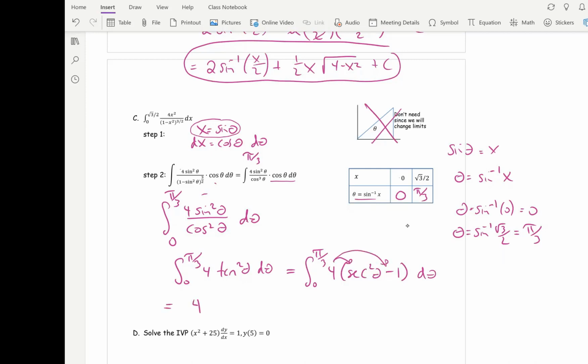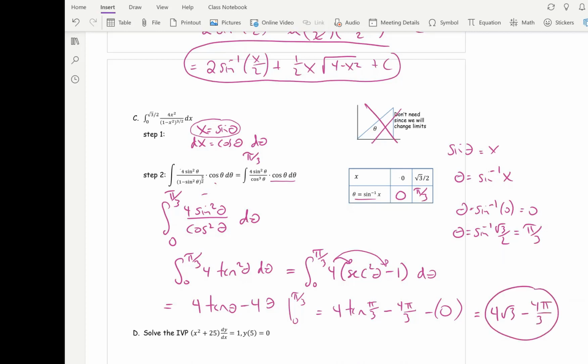That's going to be 4 tangent theta minus 4 theta between 0 and pi over 3. So we get 4 tangent of pi over 3 minus 4 pi over 3. And then when I put in 0, tangent of 0 is 0, so I just get 0. And so final step, tangent of pi over 3 is the square root of 3, so this is going to give me 4 root 3 minus 4 pi over 3.